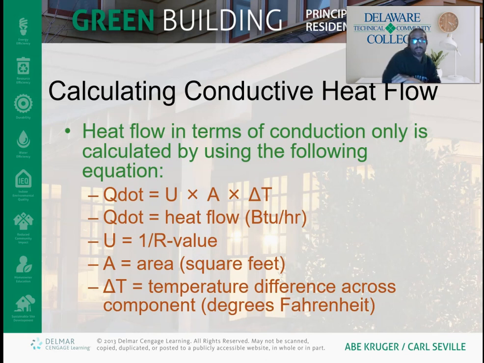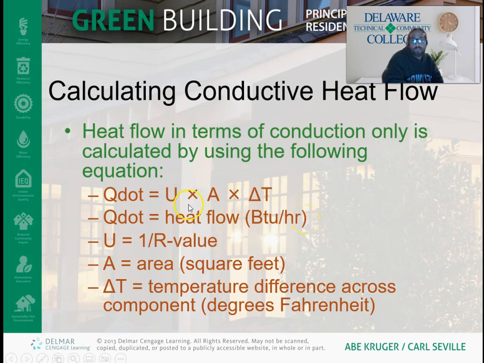We'll use this later in the semester when we do HVAC design, because you basically want to design a building so it can be heated to an acceptable temperature at the very coldest time of the year in that climate. To do that, you definitely need to understand heat flow and use this UA delta T equation.